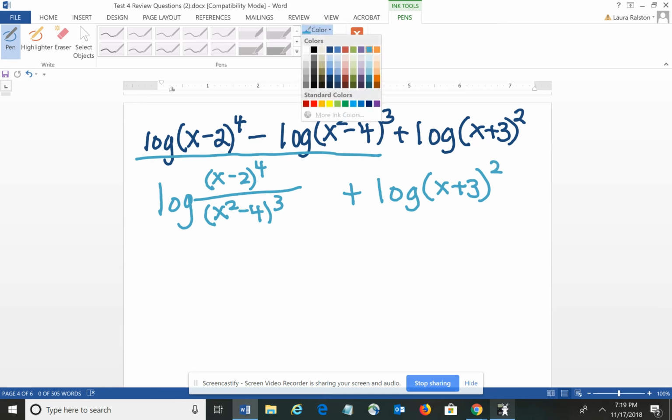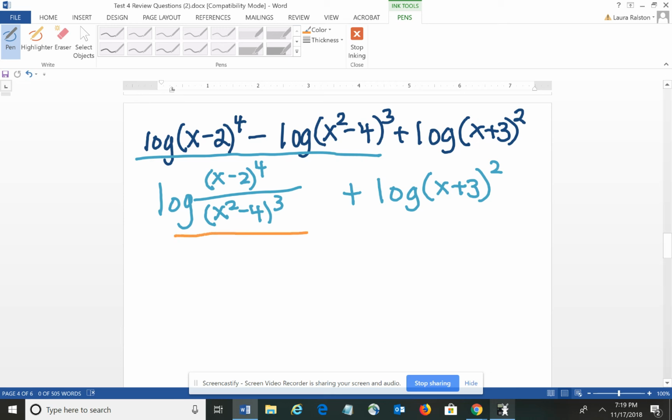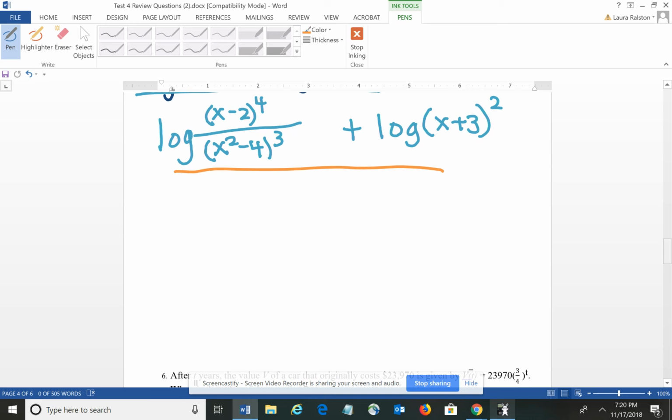Continuing to work left to right, this is now 2 logs that are being added together. Addition translates to multiplication. So I have log of x minus 2 to the 4th over x squared minus 4 to the 3rd times x plus 3 squared.